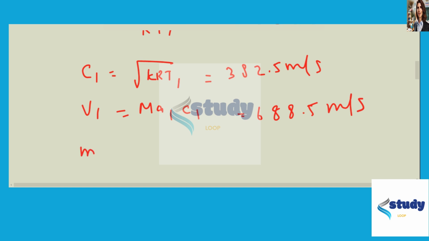Now the mass flow rate of air equals rho 1 times the area of cross section 1 times V1, and that equals 0.6179 kg per second. So these are the values that we have.